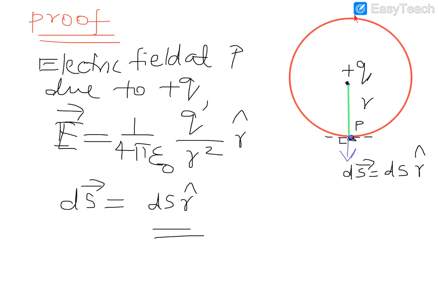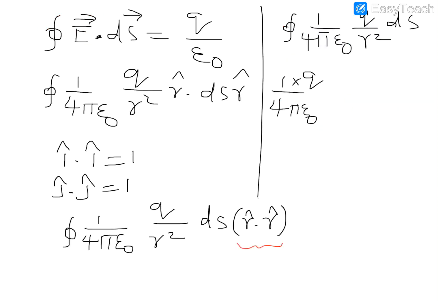Any point you consider on the sphere, the magnitude is the same, r is the same. So r square is also a constant, which means you can take it out. Okay, so you can take r square also out. Now what is remaining?